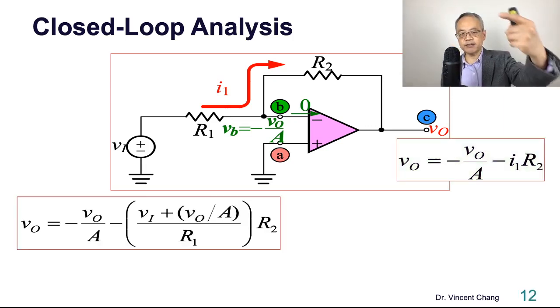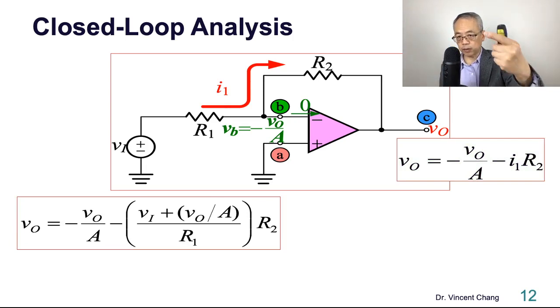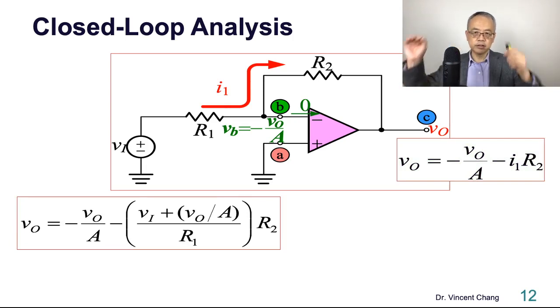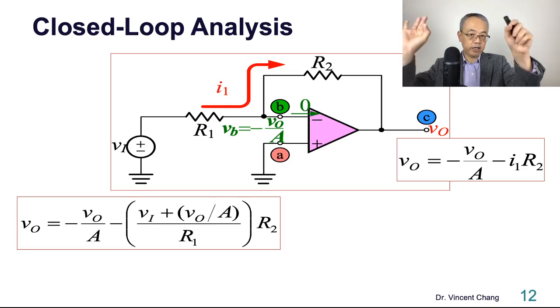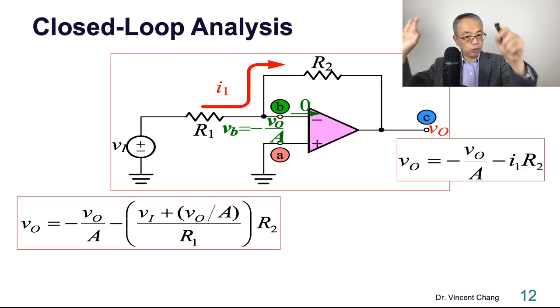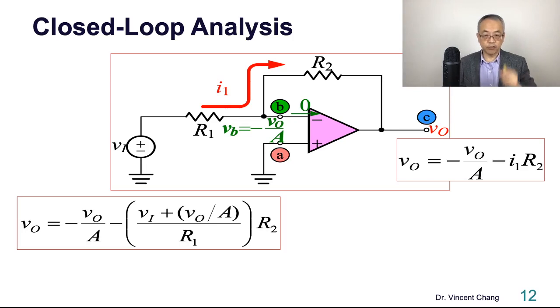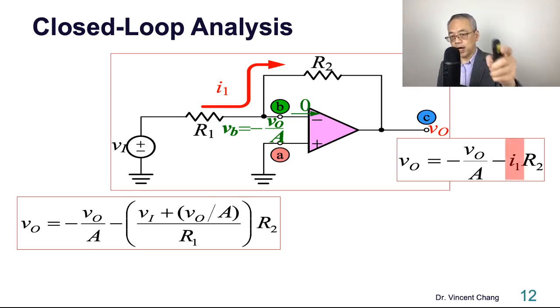So you can plug in I1: again, what is I1? The difference between VI and VB, divided by R1, and VB is negative VO over A.